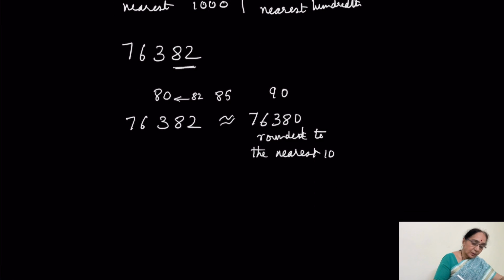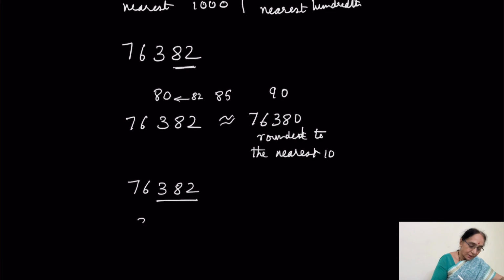Now let us round the same number to the nearest 100. 76,382. Here I need to have 2 zeros at the end, because 100 has 2 zeros, the last 2 digits will be 0. Now I take 3 digits here and I will see what are the 2 hundreds just above and below this 382.